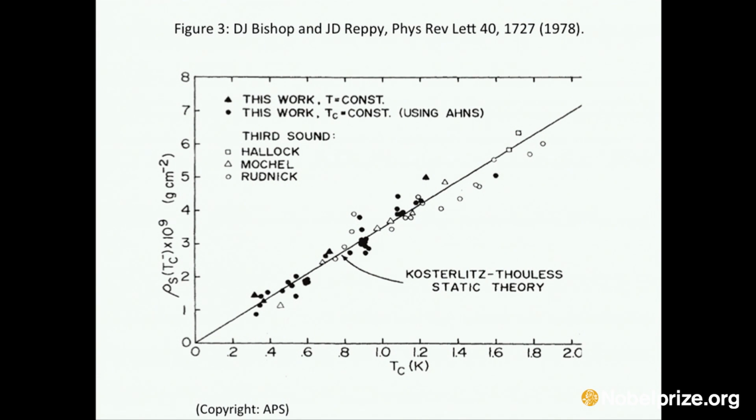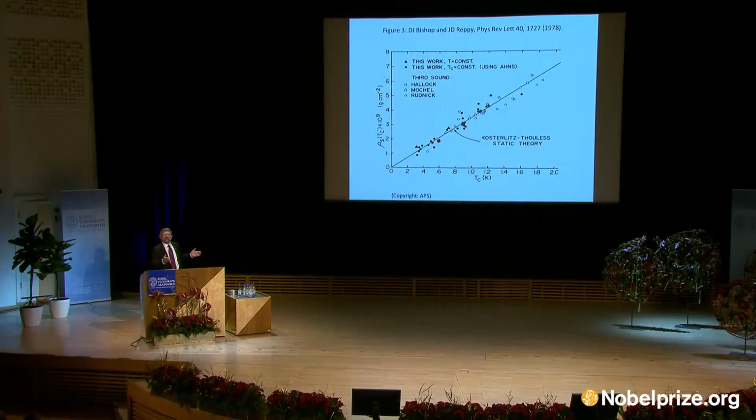The various dots are experiments. And according to John Reppy, apparently the dots were all plotted without knowledge of the theory. And then when they learned about the theory, they put the straight line in, and to their great astonishment, it went basically right through the experimental dots.